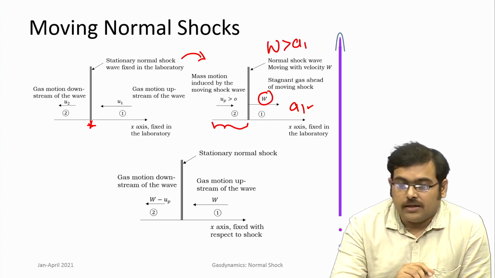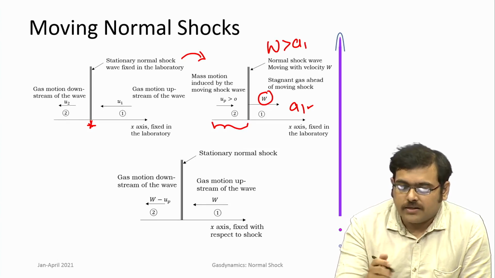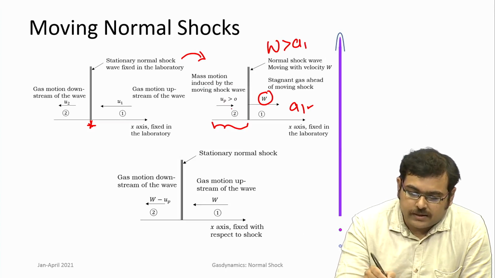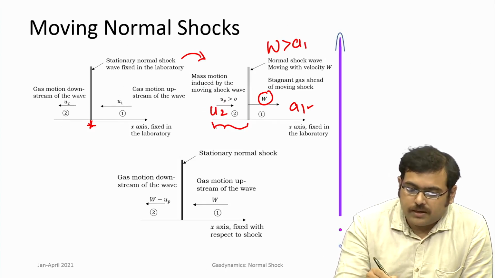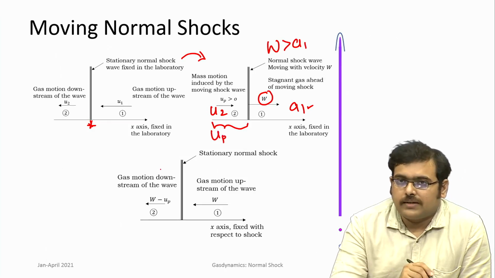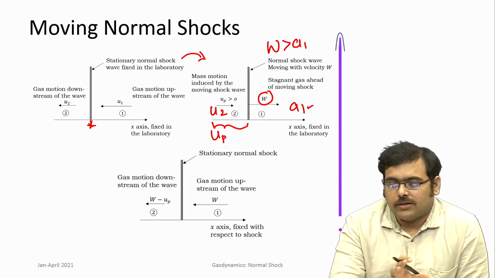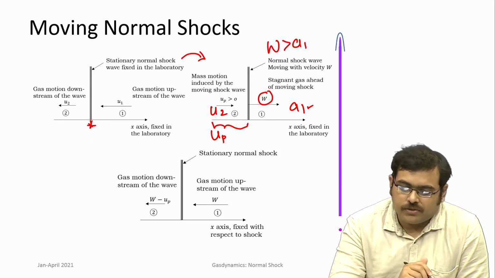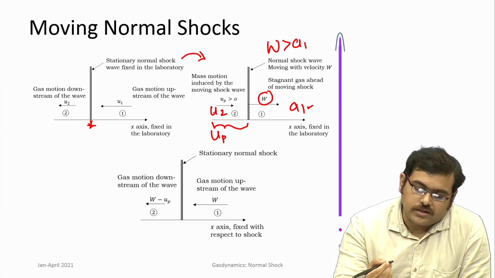But in a shock wave it grabs the fluid, and there is a mass motion induced by the moving shock, and you get a speed u2. Sometimes it is also referred to as up, that is u piston. This u piston terminology is coming from the piston analogy that we had discussed in the very early classes of normal shocks. So, other representations are u2.